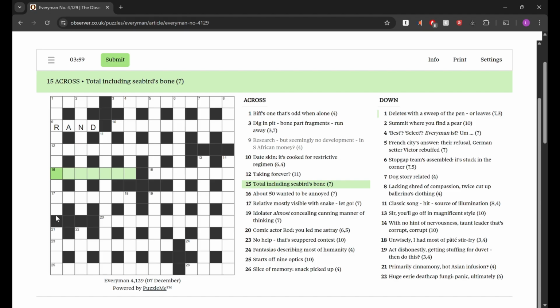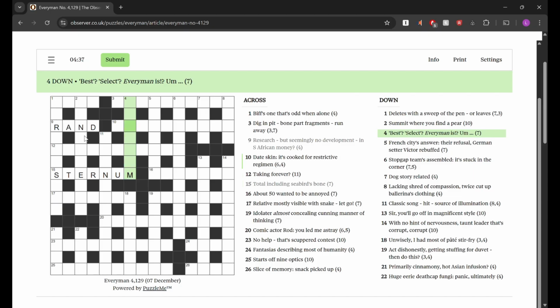Like a femur or a... So maybe we've got a word for total, and that's including a seabird. Maybe a total is a sum. A total is a sum, and included in that is a tern, the name of a bird, to get sternum. That's across your chest, isn't it, the sternum?